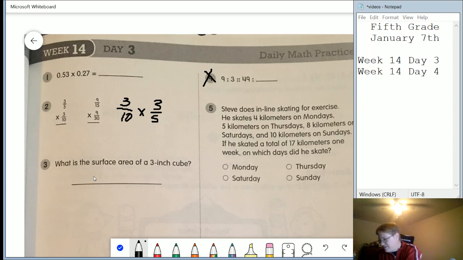If I draw a picture, each of my 6 faces, the inside area, is going to be the answer to 3 times 3. So that can help you figure that out. We have 6 sides, so you're going to do this 6 times. You don't have to draw the picture 6 times to get the answer, but you can find the measurement of one of these sides, and then that's going to be the measurement for all 6 of those.